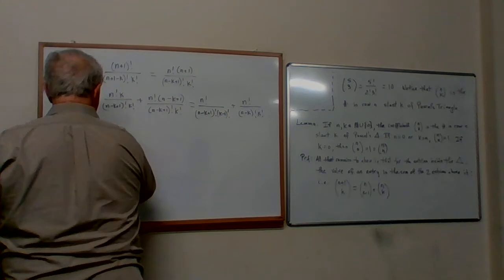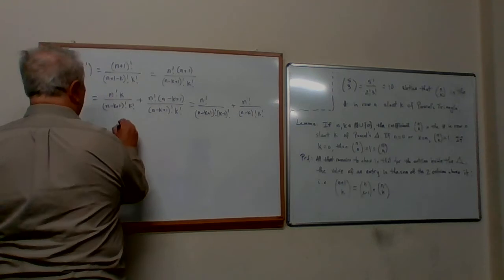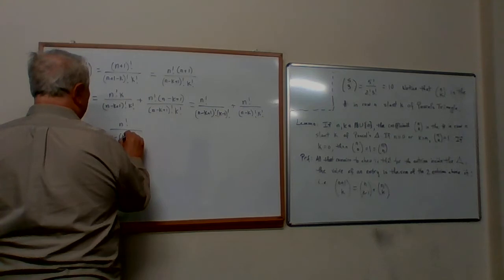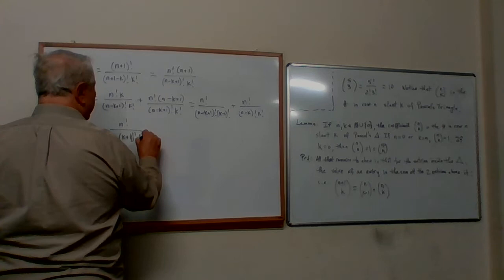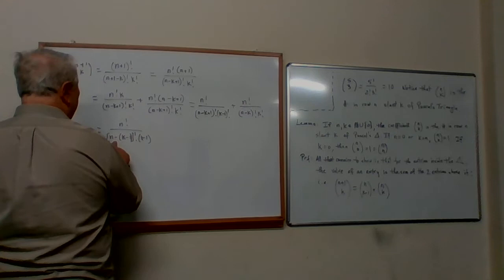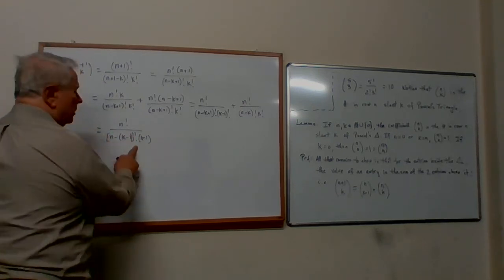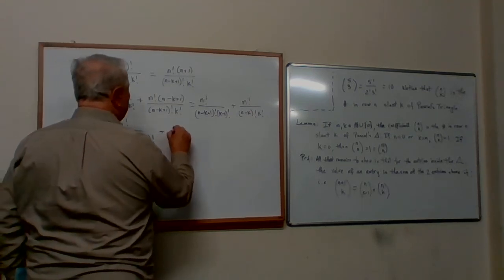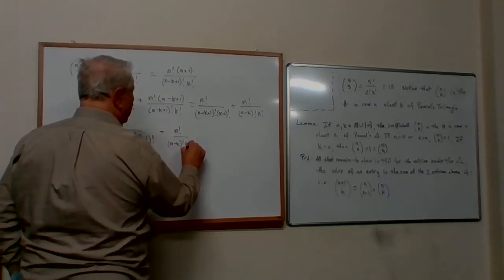Now, just one simple thing here. I can rewrite this denominator as n minus k plus 1, that entire thing factorial, and then k minus 1. I'm sorry, this is k minus 1. So n minus the quantity k minus 1, that whole quantity factorial, times k minus 1 factorial, plus n factorial over n minus k factorial, k factorial.